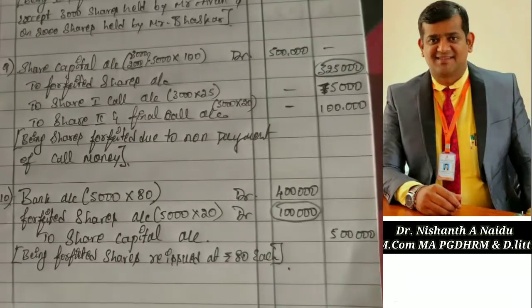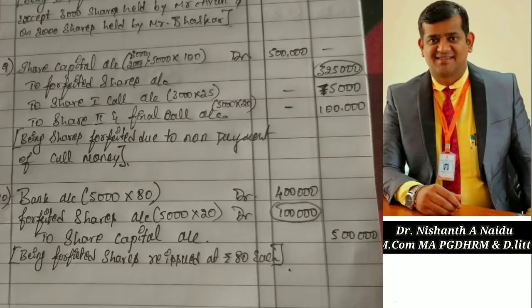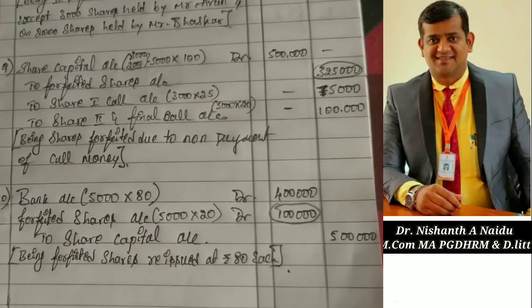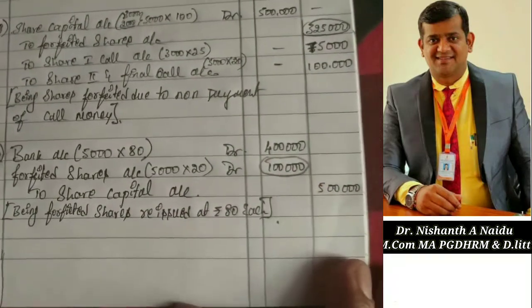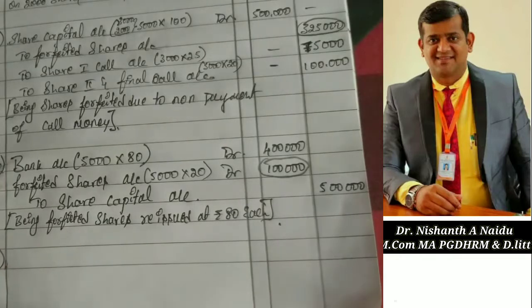Okay, we are done with the reissue entry. So now the last entry is transferring the final profit to the capital reserve account. Okay, so let us do that 11th entry.